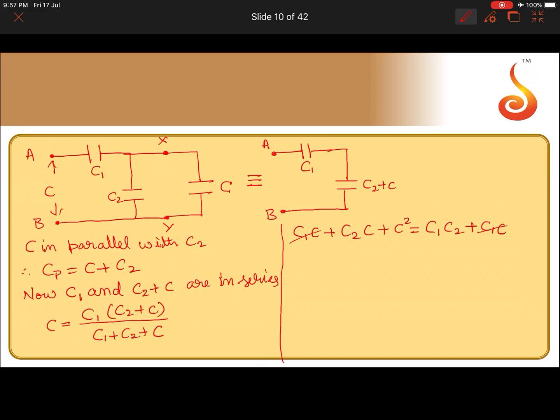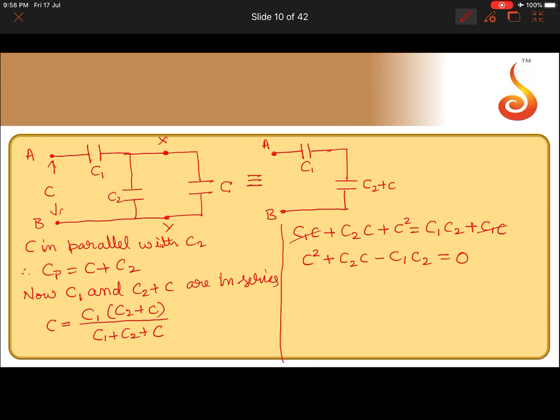Send this C1 C2 to the left hand side. What we are left with is C square plus C2 into C minus C1 C2 is equal to 0. So, we have a quadratic equation in C.